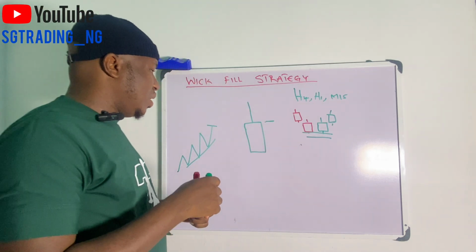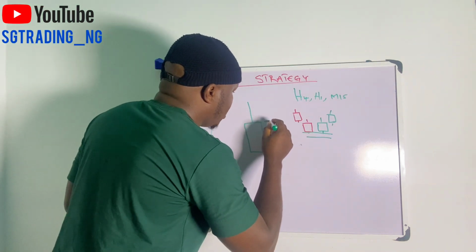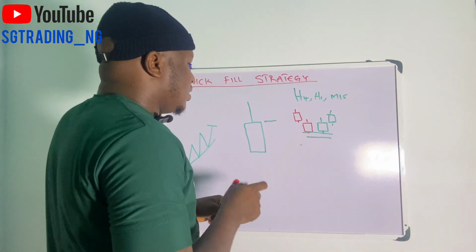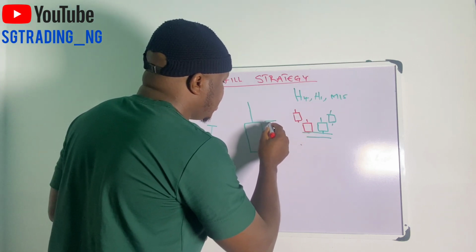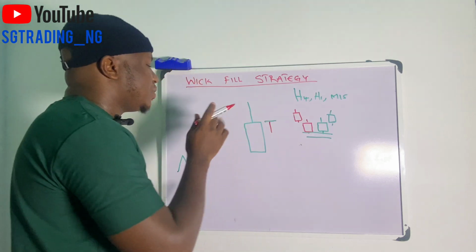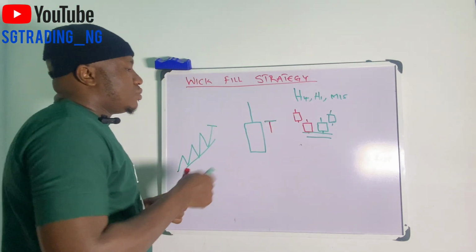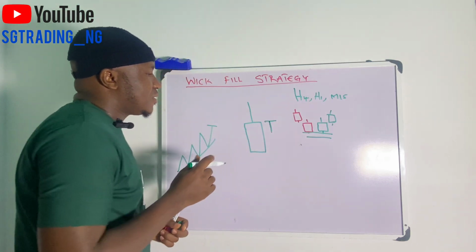Now let me explain this. When the market is trying to open on the 4 hour time frame, these two candles on H1 represent the wick that is going to come down. Okay, it's going to represent that wick coming down within that candle.